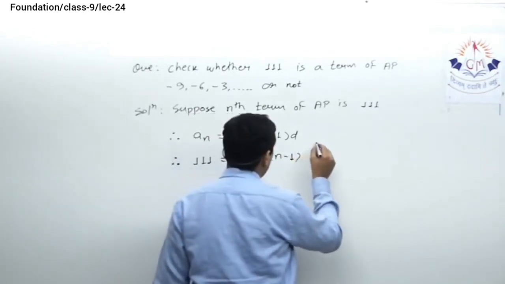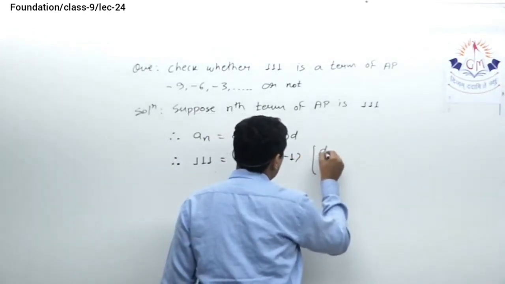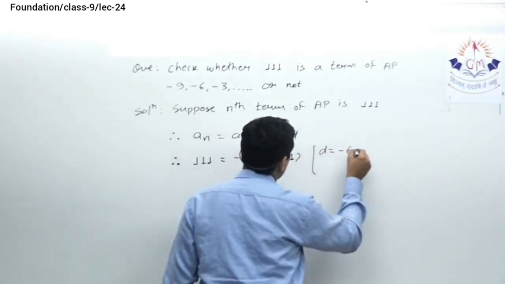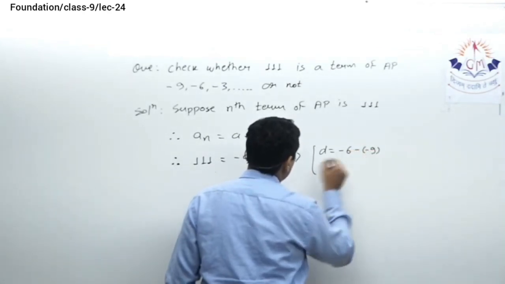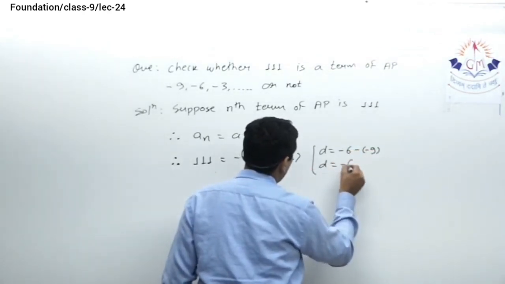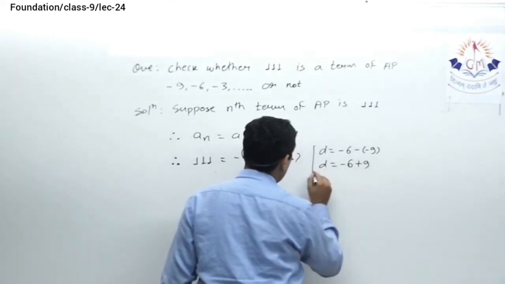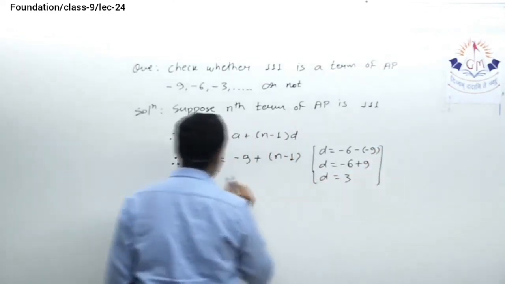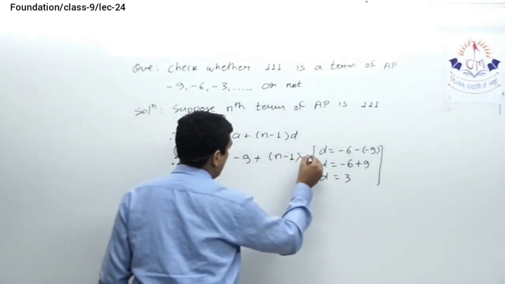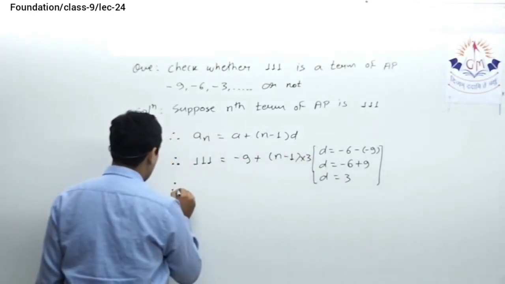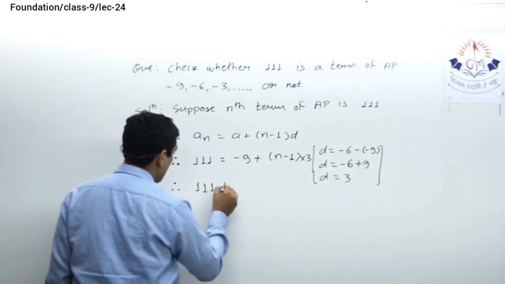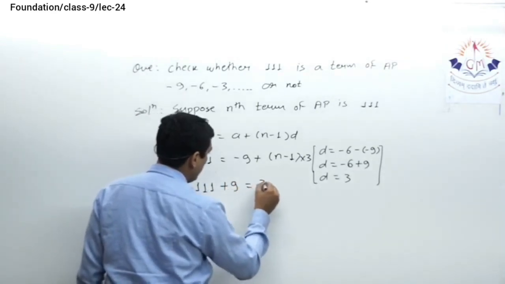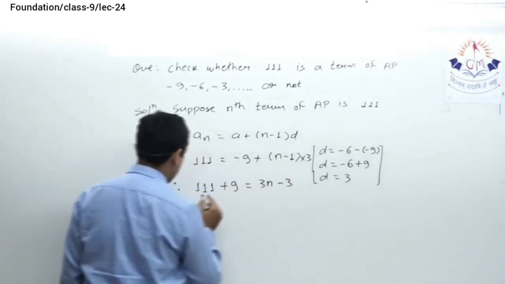Over here if you find d, d is minus 6 minus minus 9, that is minus 6 plus 9, that is d is equal to 3. Therefore I can say 111 plus 9 is equal to 3n minus 3.